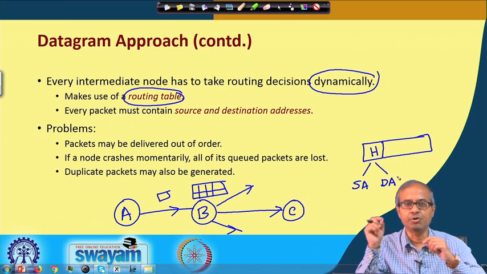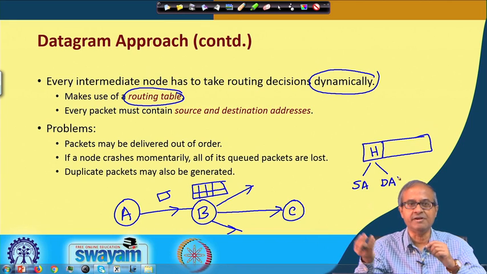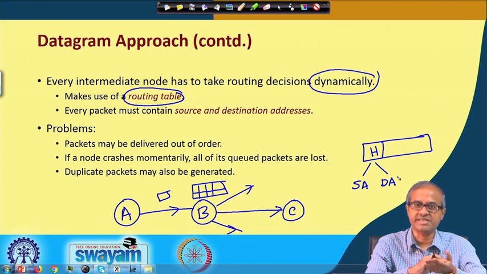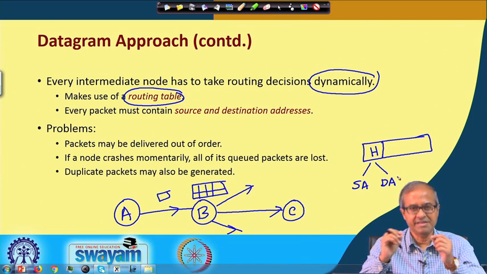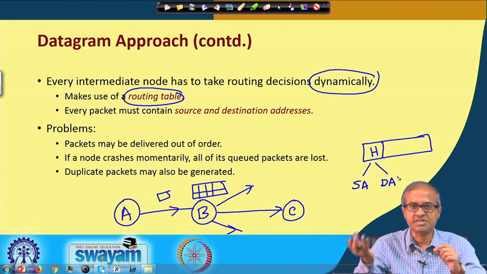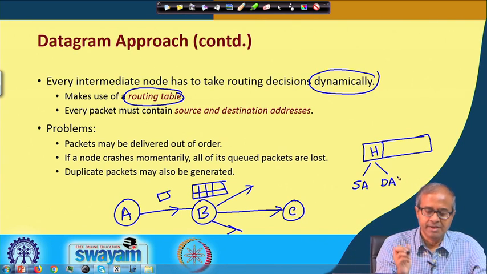Just like a letter, when you post a letter, you give the address where you want to send it, and in case the letter cannot be delivered, you also give your own address so that the letter can come back to you. In the header there is other information also, but the most important ones are the source address, the person who is sending, and the destination address where you are sending.